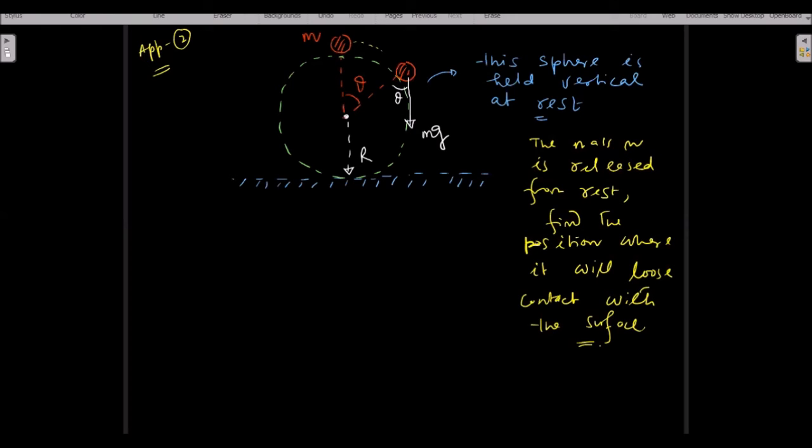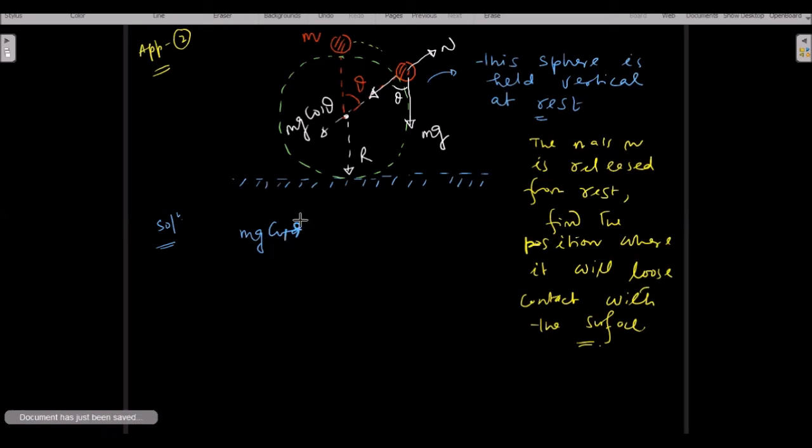This is theta, so in this direction it will be mg cos theta, and here is the normal reaction. Since it is moving along a curve, we can write mg cos theta minus N is equal to mv square by r.